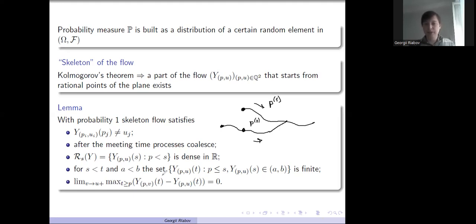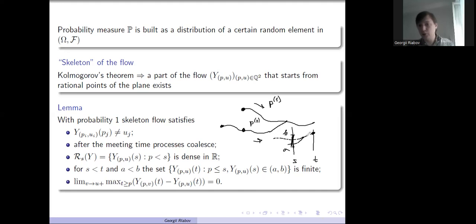The next property says that if we take two moments of time, s and t, take an interval AB, and look at all processes y that were at time s in this interval, and look at the values of these processes at time t, it turns out that at time t they form a finite set.